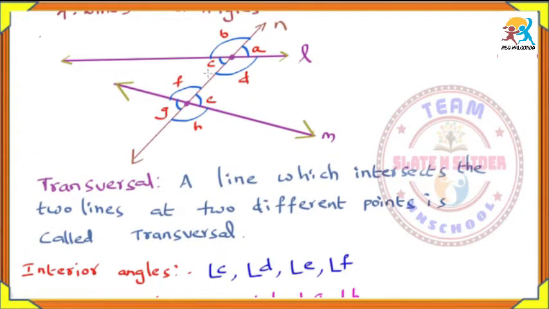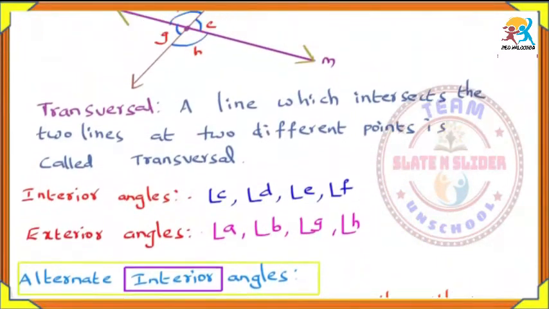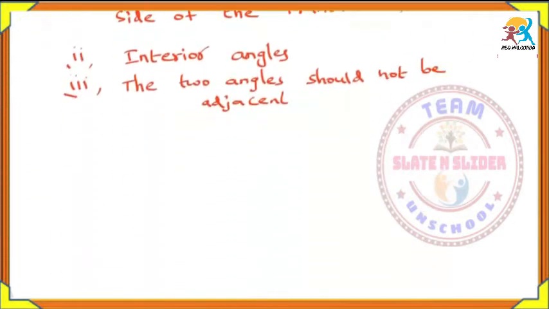So suppose you take angle C on the left side, you have to choose from the right side of the transversal angle D and angle E, and we will go through the third condition, the two angles should not be adjacent. So for angle C, angle D is adjacent. That's why we should not choose angle D for angle C. So we have to choose angle C and angle E as the alternate interior angles.